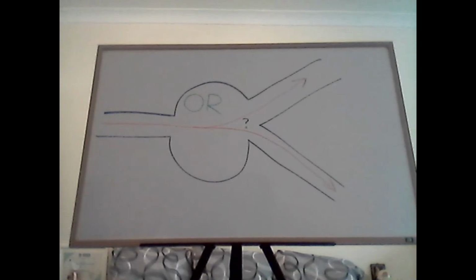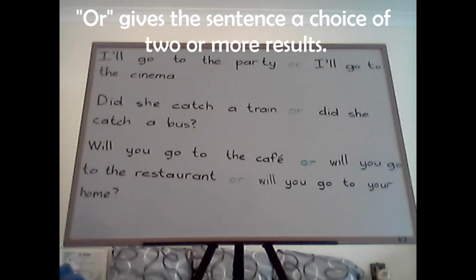We use or to show that the idea or the thought could go more than one way. I'll go to the party, or I'll go to the cinema. There are two possible ways the idea could go here.